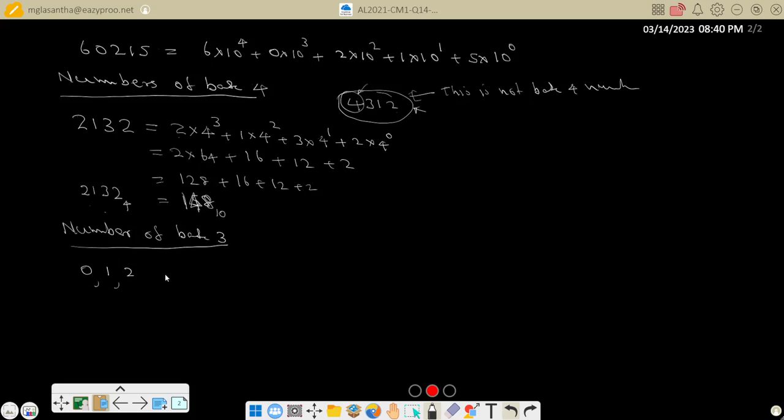These are the required symbols. When you write base 3 numbers, you need 3 symbols: 0, 1, 2.